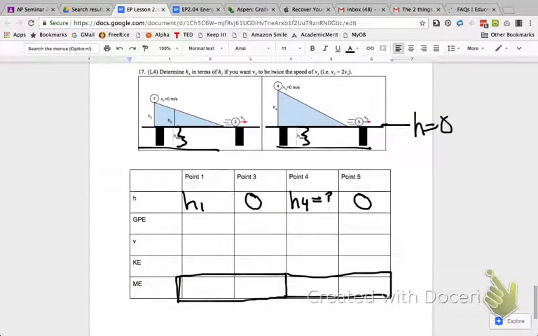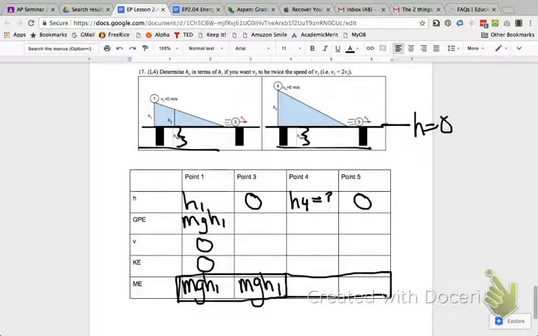So now our GPE at point 1 is mgh1, because h1's given to us. Our velocity is 0, that's given to us too. So our kinetic energy here is 0, and our mechanical energy is just mgh1, and we can fill that in here too.